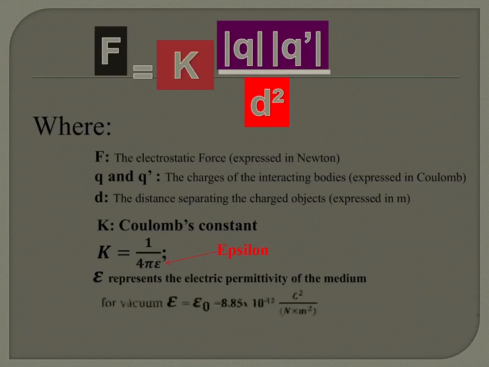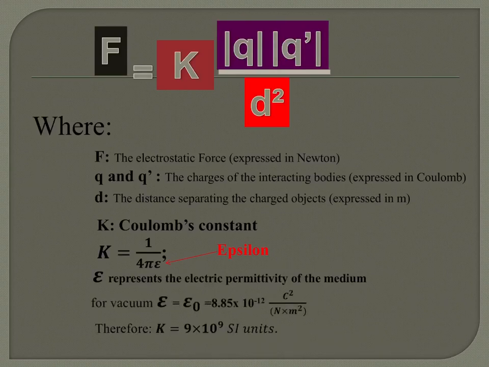For example, for vacuum, epsilon 0 has the value 8.85 multiplied by 10 to the power minus 12. It is expressed in coulomb squared over newton per meter squared. Finally, we can get for vacuum our famous Coulomb's constant, which is K equal to 9 times 10 to the power 9, taken in SI units.